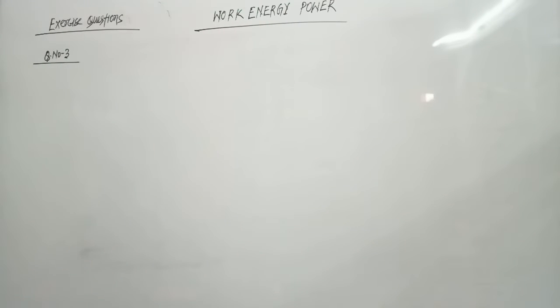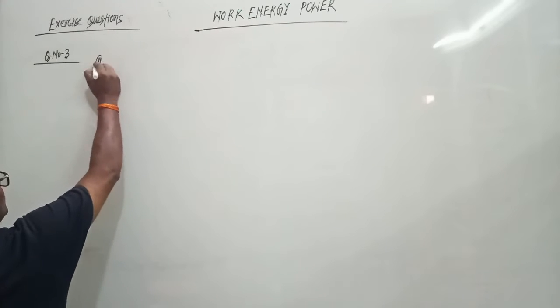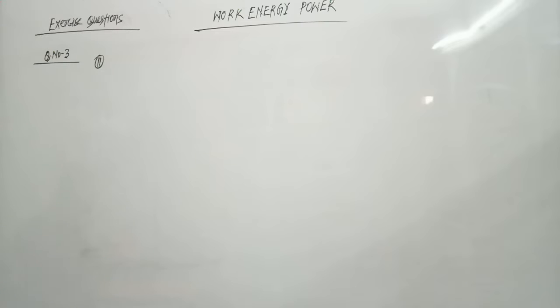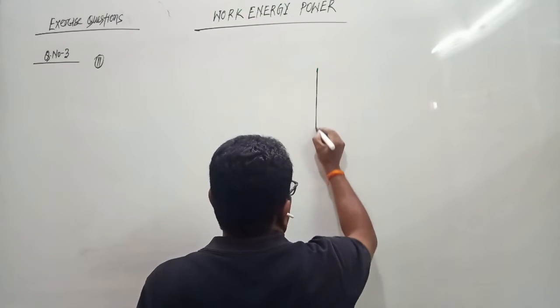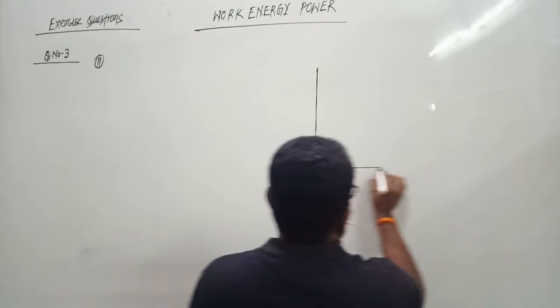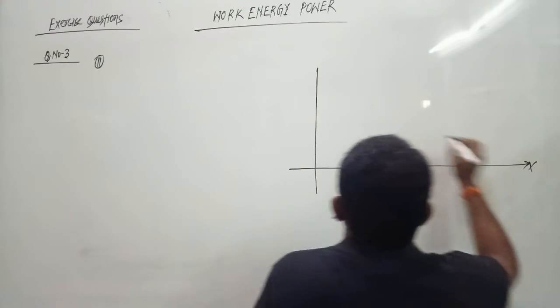Now, the diagram of part 2 of question number 3. We have the graph between the potential energy function V(x) and x.